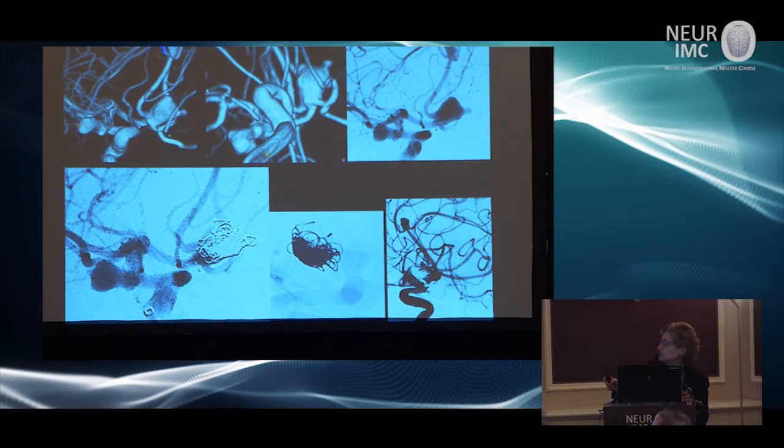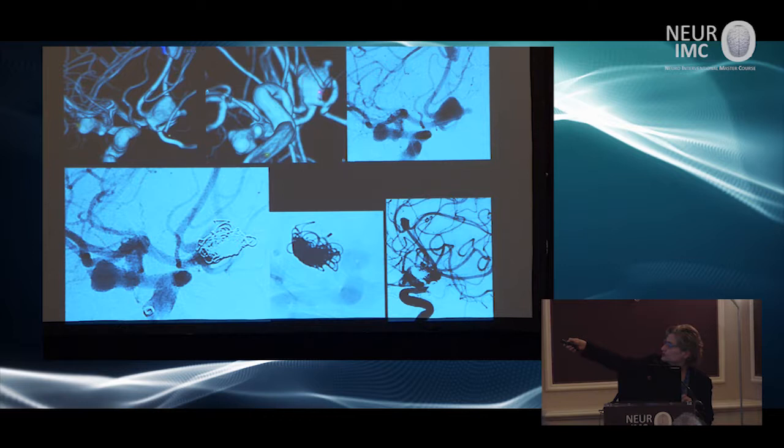So it doesn't prevent other devices being used. And especially in the ruptured patients, it may save the situation so that you can do the treatment or complete the treatment after the acute phase. I'm going to show lastly 2 examples. This patient presented with bleeding, and the blood is mostly around this aneurysm, which is not surprising.